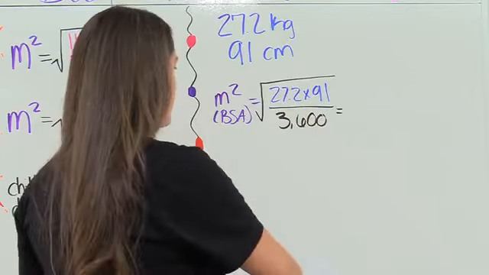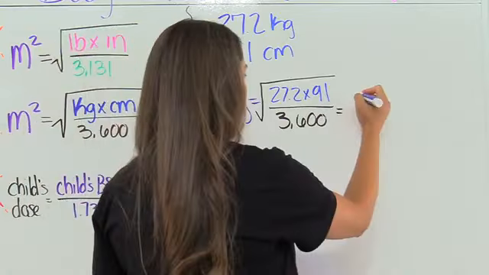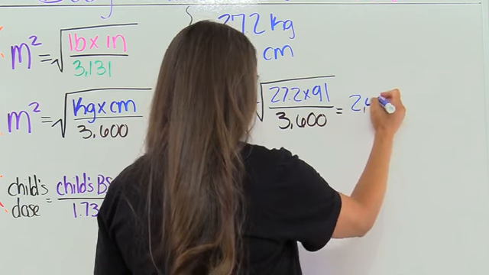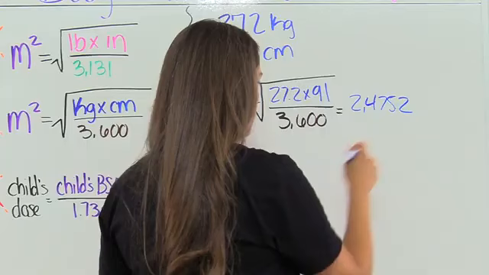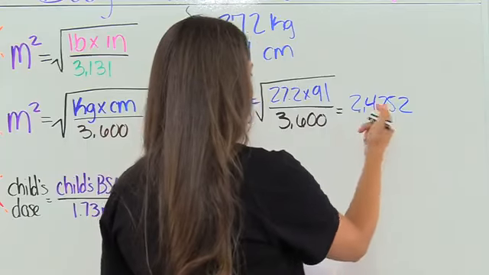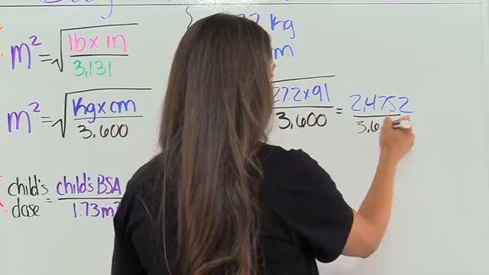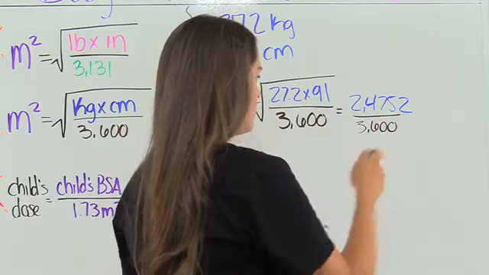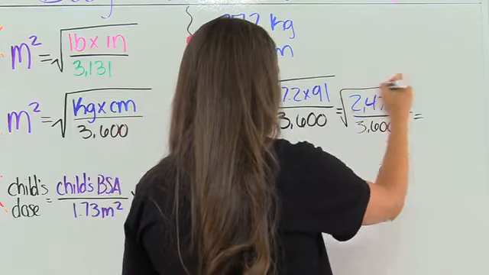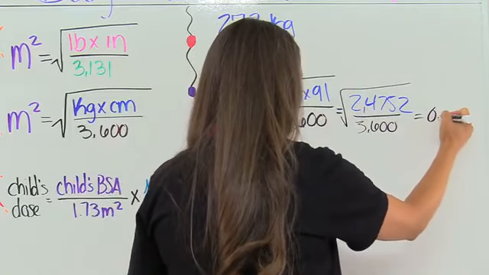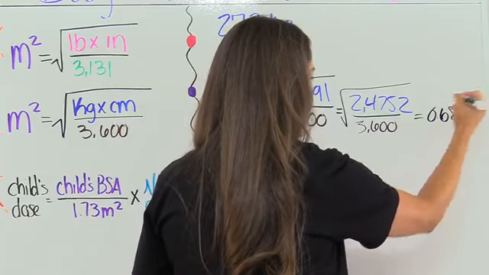So 27.2 times 91 gives us 2,475.2, and we're going to divide that out by 3,600. And whenever you divide that, you get 0.6875 repeating.